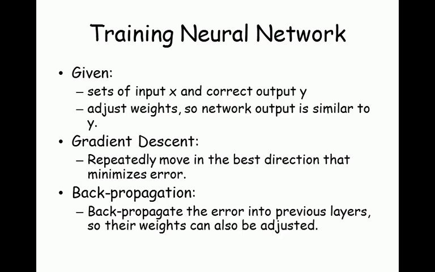Let me jump to how we actually train the neural network. So a neural network is usually used as a black box. You provide your inputs and known outputs, and you train the network on these known outputs.